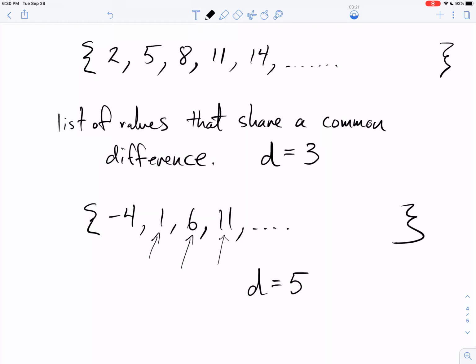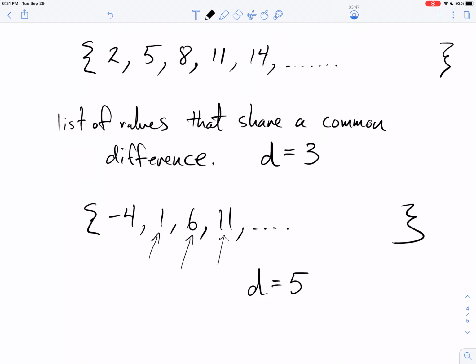What is 1 minus negative 4? It is 5. So sometimes when you're looking at an arithmetic sequence, it's real obvious what the common difference is. And sometimes when you look at it, it is not very easy to see what the common difference is.